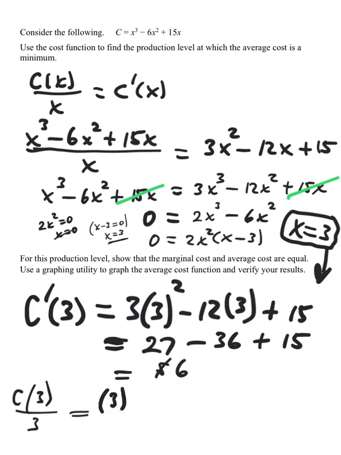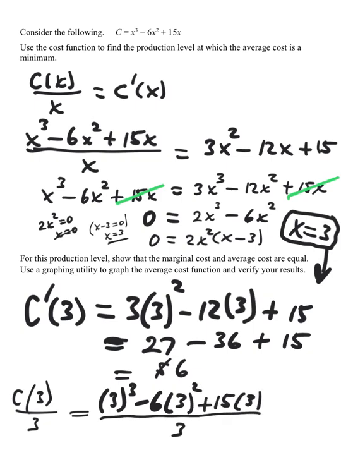So that's 3 cubed minus 6 times 3 squared plus 15 times 3. And if you will, calculate that numerator. The denominator is just 3 by itself. And if my math's right, it does come out to 18 over 3, which is also $6. And so those match. And that's what part B of the problem asks us to find.